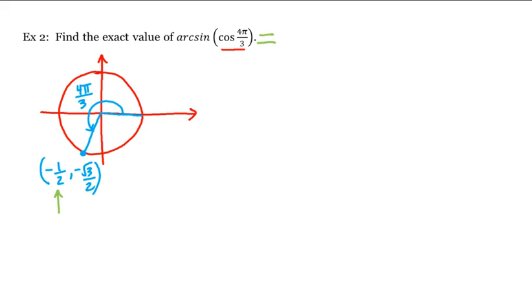So therefore, this is equal to arc sine of negative 1/2, which is equal to negative pi divided by 6.